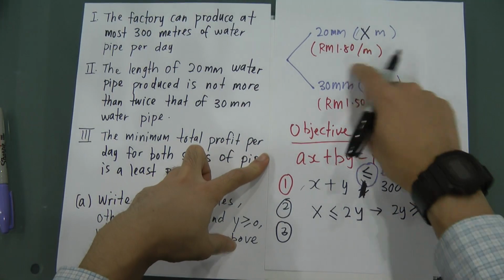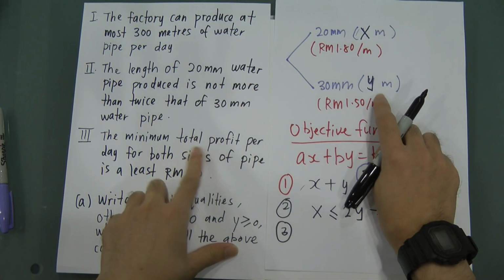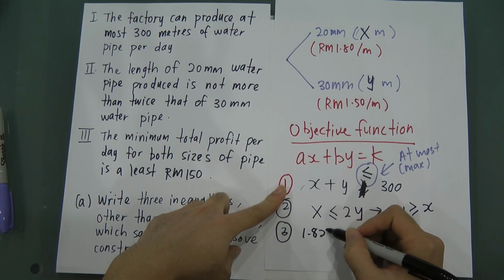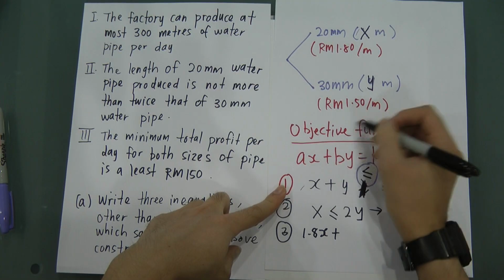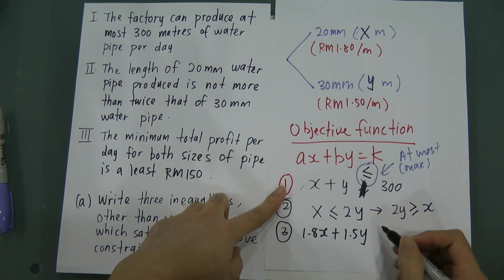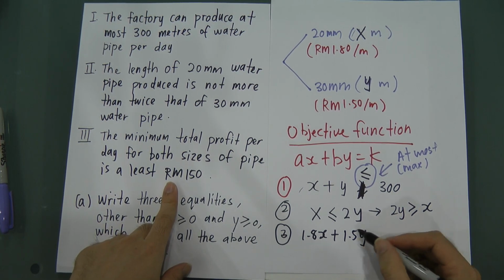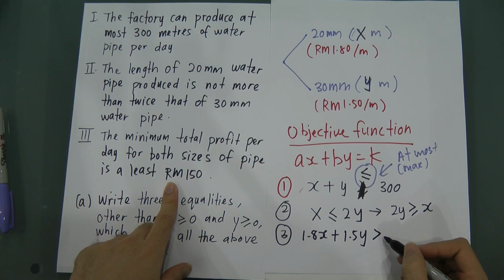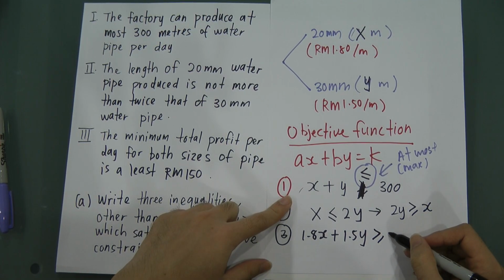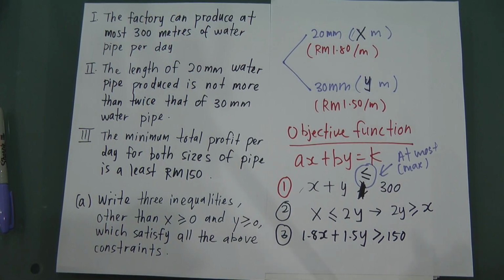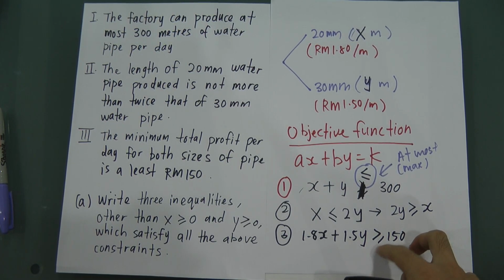So total profit will be 1.8x plus 1.5y, per meter. Minimum means both of these should be more than or equal to 150. This is the symbol for at least.